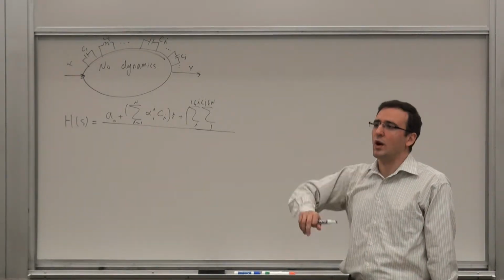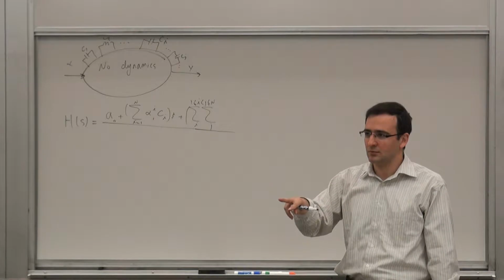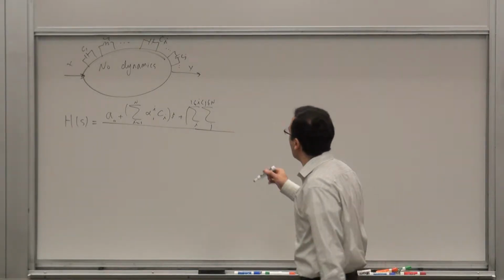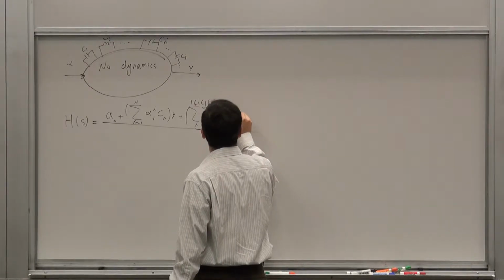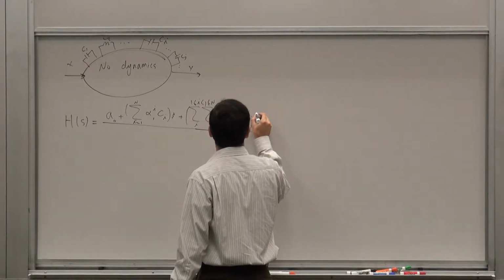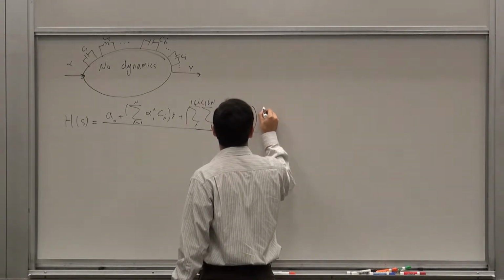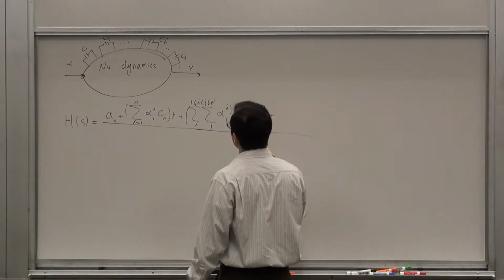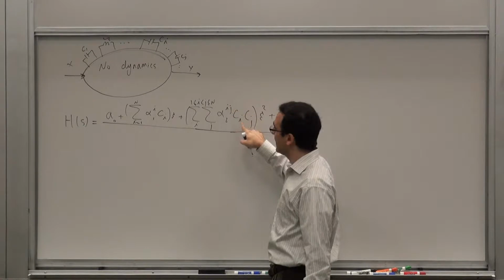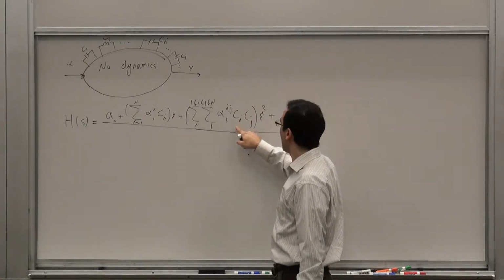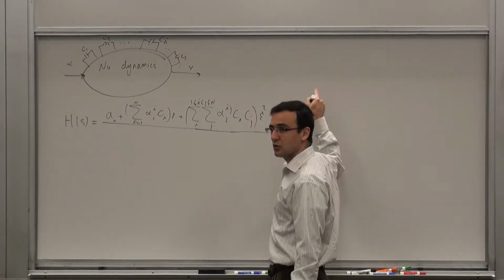So for instance, you get 1, 2. You don't get 2, 1. You can keep one of the two. And basically again you have alpha 2ij, Ci, Cj times S squared. And you have higher order terms. There will be a triple sum here with alpha 3ijk, Ci, Cj, Ck times S cubed, and so on and so forth.